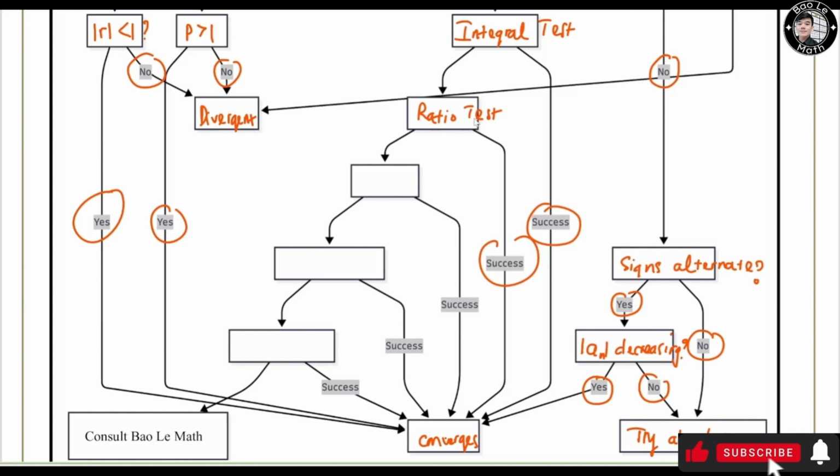If you cannot use the ratio test, think about the root test. If you succeed, then the series converges. If not, think about the direct comparison test. If you succeed, then the series converges. If not, think about the limit comparison test. If you succeed, then the series converges.